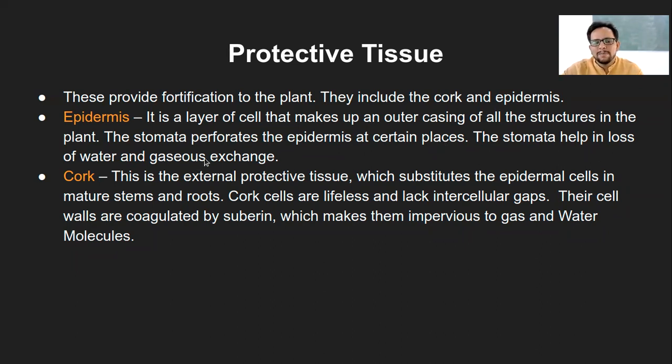These stomata help in loss of water as well as exchange of gases. Whatever carbon dioxide is taken from the atmosphere enters the leaf through the stomatal structure, and when excess water is there, it goes out of the plant through the stomata.